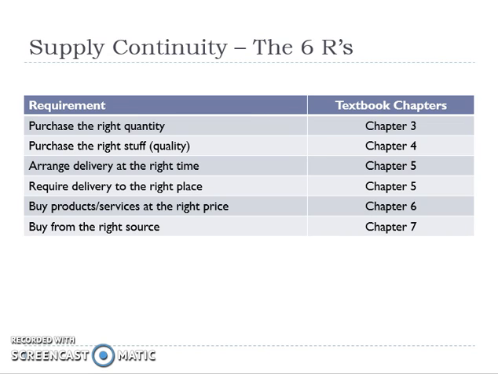All those R's have to line up with the definition of purchasing. Week by week, we're going to take each of these topics and explore them in greater depth. But if we meet the expectations of the right quantity, the right quality, at the right place, the right time, price, and source, we have actually achieved the goal of supply continuity. So we'll be breaking that down further.